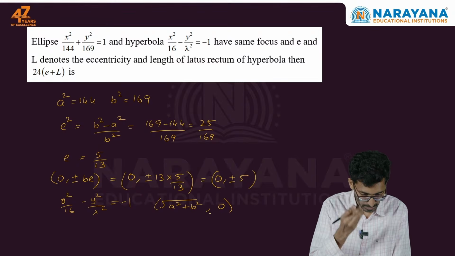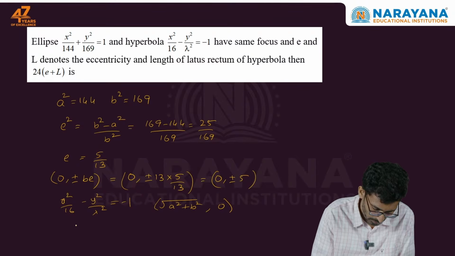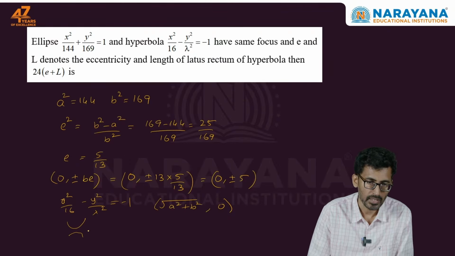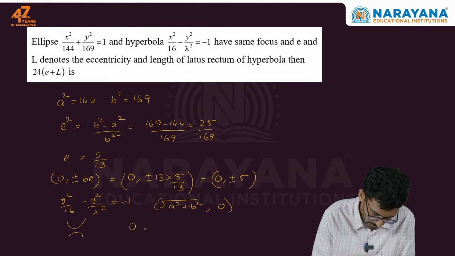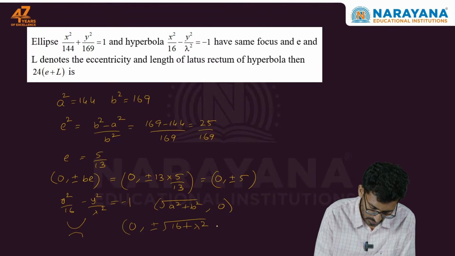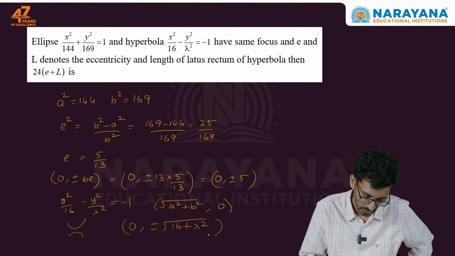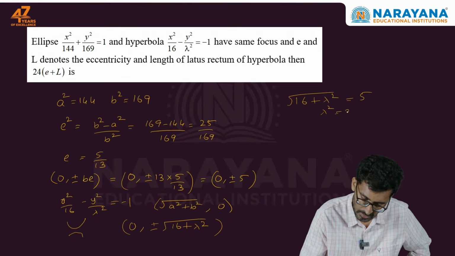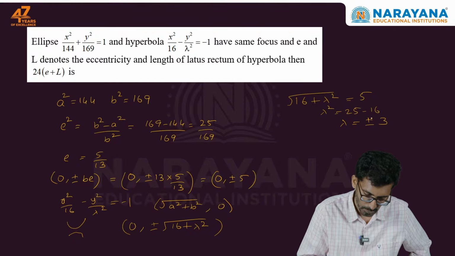For this conjugate hyperbola, the focus will be 0 comma plus or minus root of a square plus b square, that means root of 16 plus lambda square. Both have the same focus, so I can equate root of 16 plus lambda square is equal to 5. Lambda square is equal to 25 minus 16, so lambda is equal to plus or minus 3.